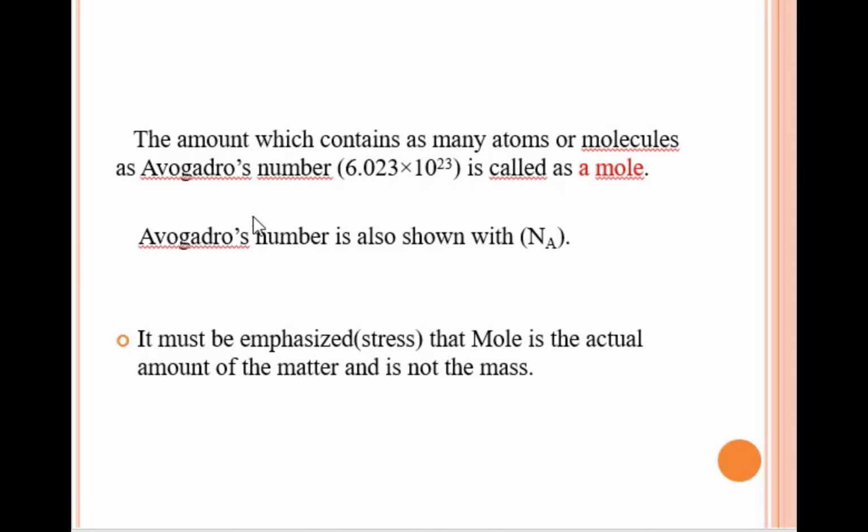There is an important number here, Avogadro's number. It is 6.023 times 10 to the power 23. It is equal to 1 mole. We said that atoms, molecules and ions are very small particles, and it is not possible to number them easily, so we have to use a unit for them.